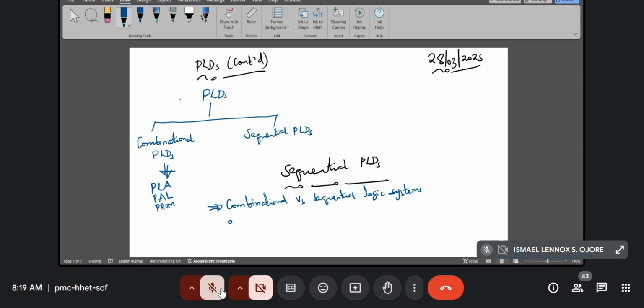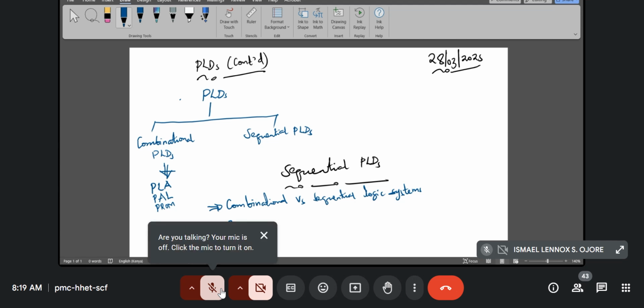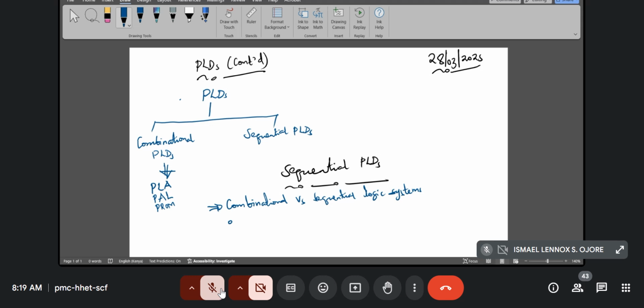So Ismail, what is the difference between combinational and sequential logic? Ochieng, Dalvin, can you assist us?